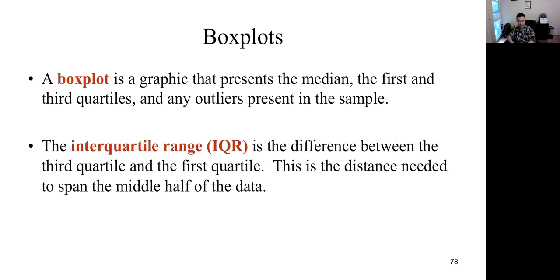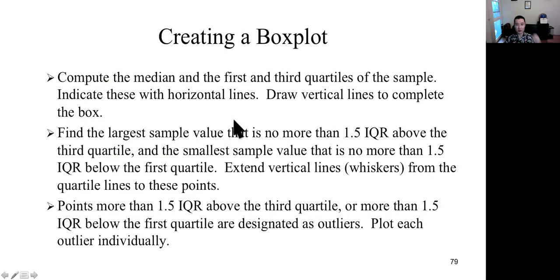There's also a so-called interquartile range, which means the range between the first and third quartile. Here are the steps to draw a box plot. We need to calculate the median and the first and third quartiles, and then draw lines based on that.